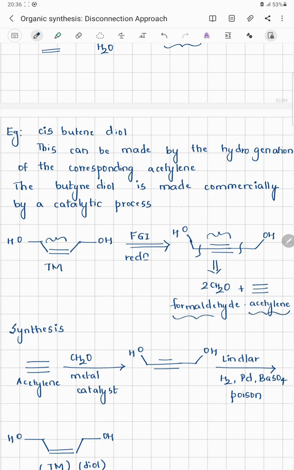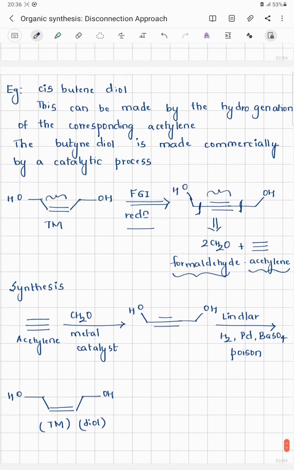The other synthetic equivalent is the formaldehyde system. So the target molecule under functional group interconversion gets converted to an acetylene system. Further, the synthetic equivalents would be acetylene and formaldehyde.